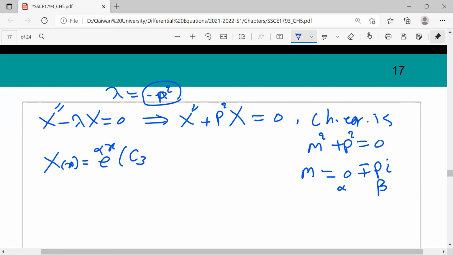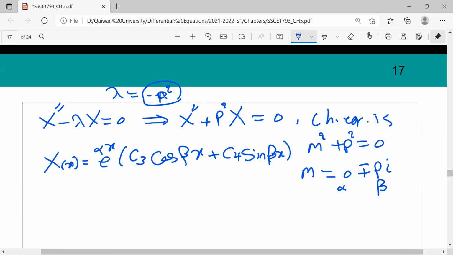In the previous differential equation, we used C1 and C2, and here we use C3 and C4. It's beta x, not t, because here we have a function of x, not of t.